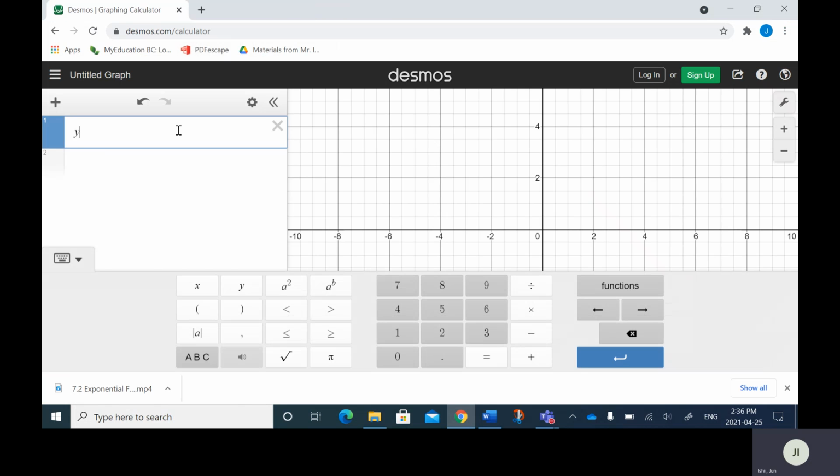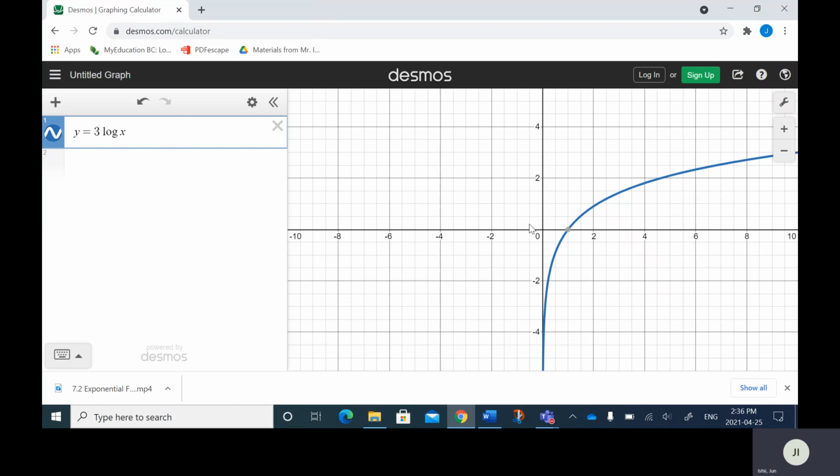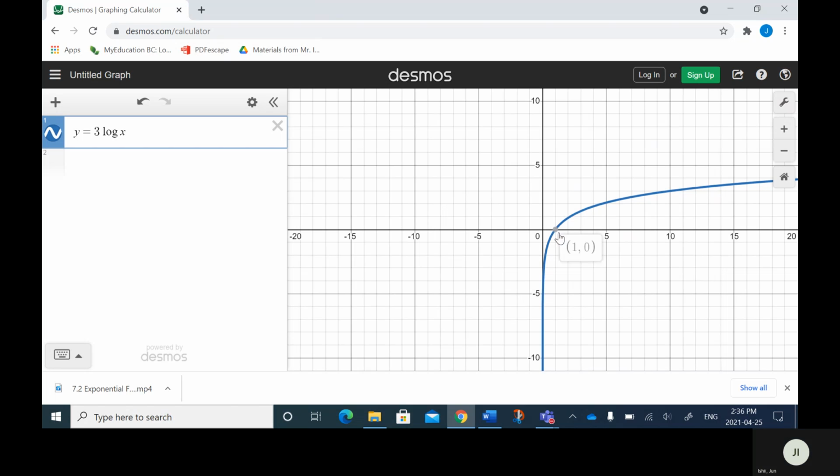Let's start off with y equals, I don't know, 3 times log x. You can see that it will never cross the y-axis, so it doesn't have a y-intercept. The x-intercept is 1, 0. Whether it's 3 log x or 6 log x, the x-intercept is still at 1.